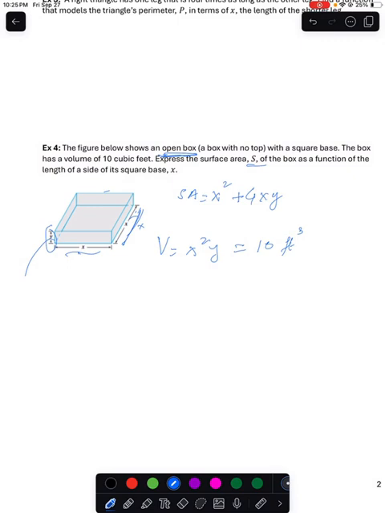So from this equation, x squared y is equal to 10, we can find y easily in terms of x. This gives me y is equal to 10 over x squared.